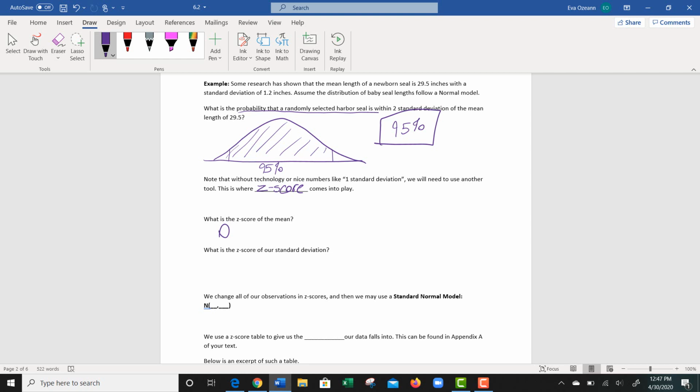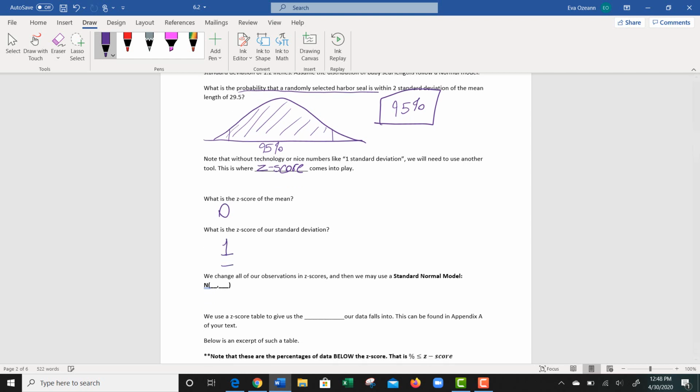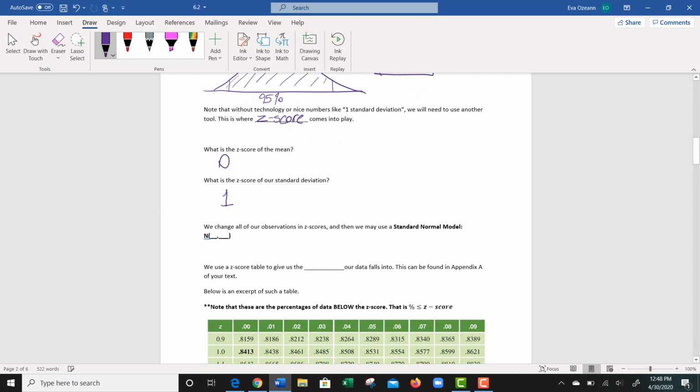Well, the standard deviation would be 1 standard deviation away from the mean, so it would have a z-score of 1. So when we change all of our observations to z-scores and standardize them, we've created a normal model. We've standardized everything. Now when we do this, we rewrite it as N of 0, 1.